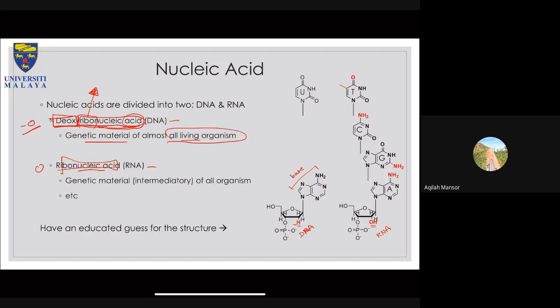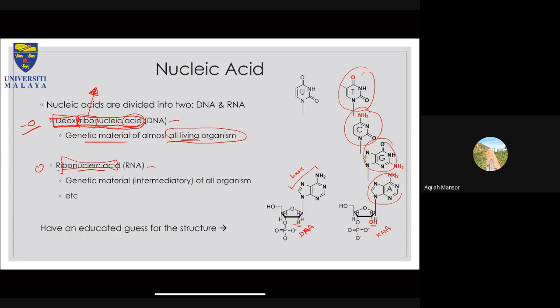I put living there because regardless of who you are, whether you are a squid in the ocean or a bird in the sky, or simply a cheetah running around in the field in Africa, everybody has the same DNA, as in the same molecule of DNA inside your body. But if you consider bacteria, there are some unique bacteria that have a slightly different DNA molecule, but most of us, I would say 99% of all living beings on Earth, have the same genetic material.